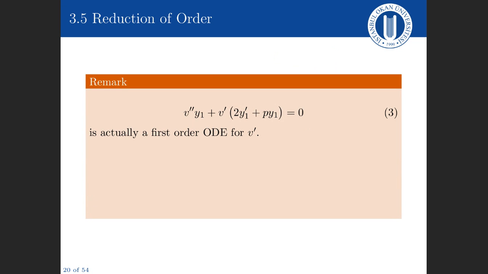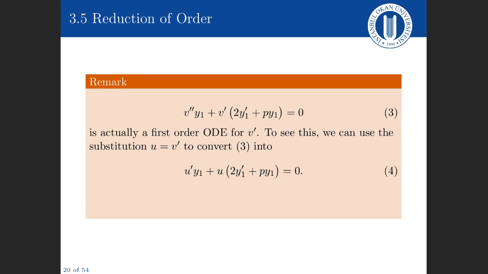Now, this equation is actually a first-order differential equation. This may seem unusual because we have v double prime, but just to understand this, we can make a substitution. We can replace v prime by u. Then instead of v double prime, and instead of v prime, we have u.